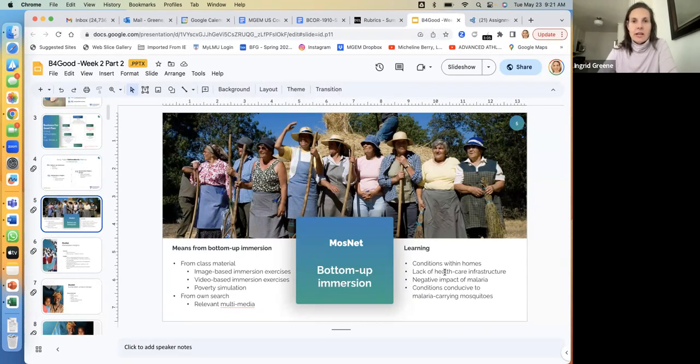On the other side of the slide, you're going to have your learnings. In the mosquito net example, they have the conditions within the homes. They learned a lot about what it was like to live inside a home in Africa. They learned that there were lack of healthcare infrastructure pieces put into place. There was a negative impact of malaria.